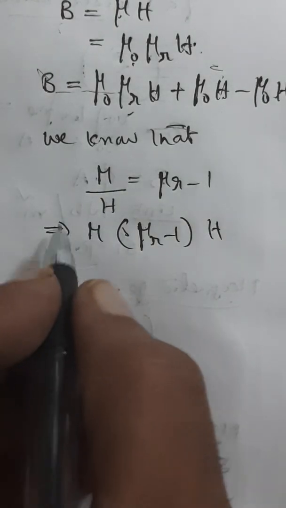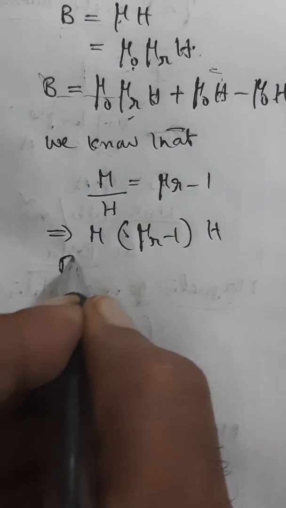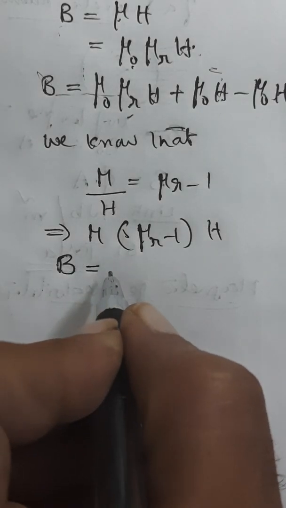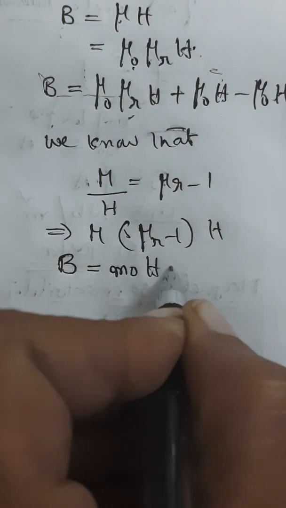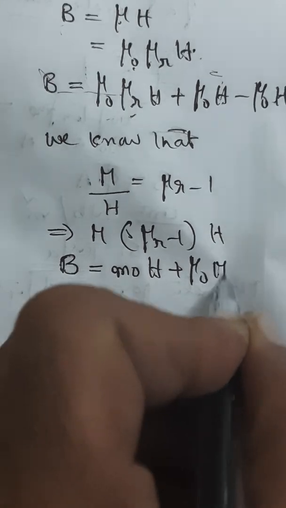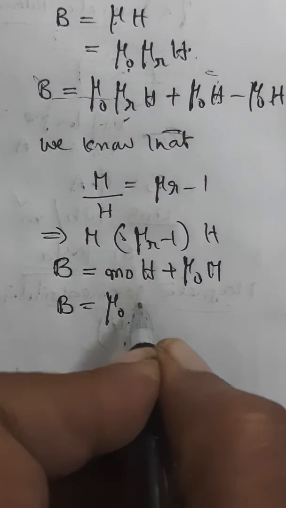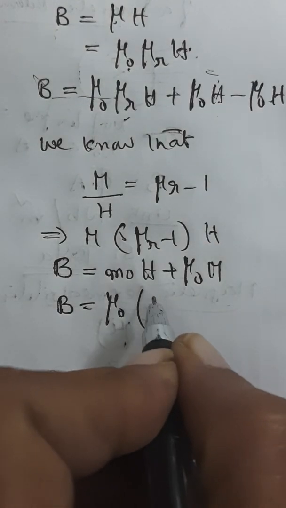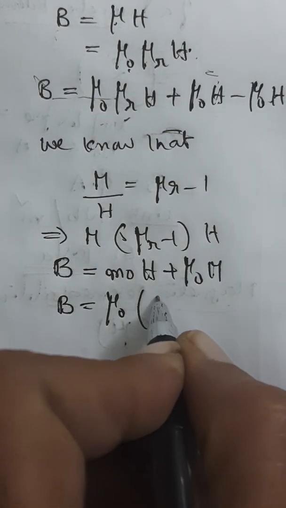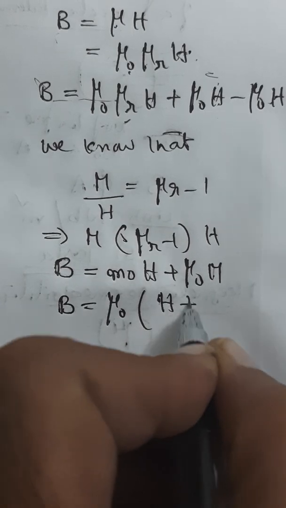So therefore B is equal to mu naught H plus mu naught M. That is, B is equal to mu naught, taking common, H plus M.